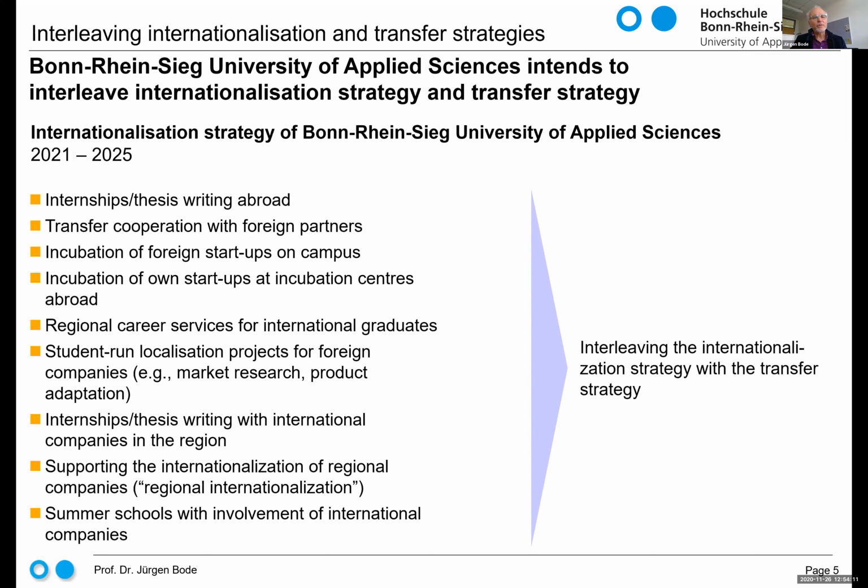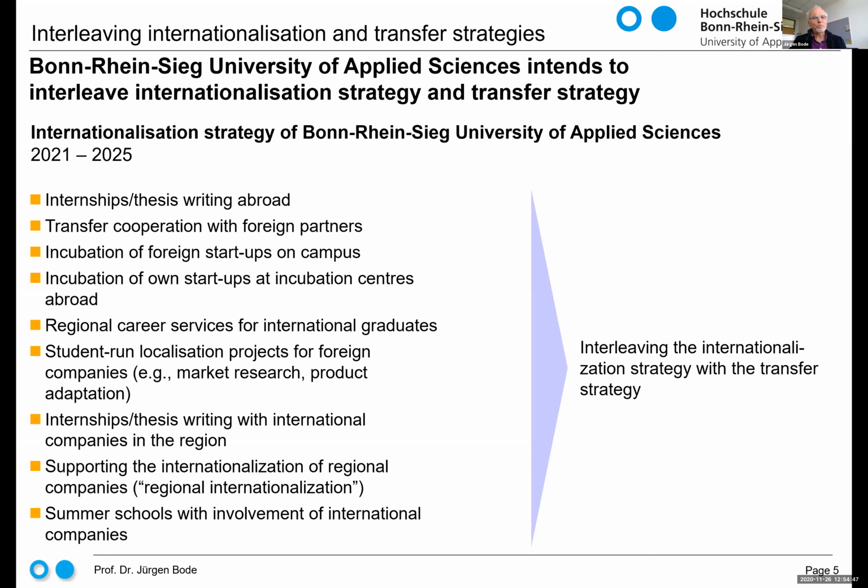But we can also develop our own startups and not only incubate them in our own center, but cooperate with incubation centers abroad. We are currently in discussion with incubation centers in South China, in the region of Shenzhen, which is a big hub of startup development. And we want to motivate our startups that have been growing from the middle of our university to also take China into account and use these incubation centers.